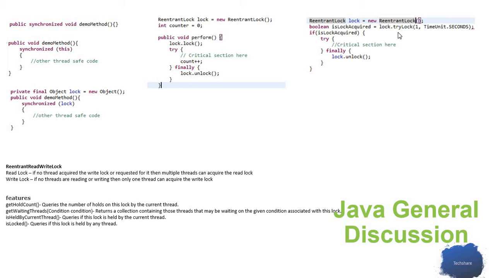In the tryLock, this will try to get a lock until this much time. If it is not going to get a lock, if this lock acquired is false, then it will skip this if condition and just proceed to execute the rest of the statements and complete.